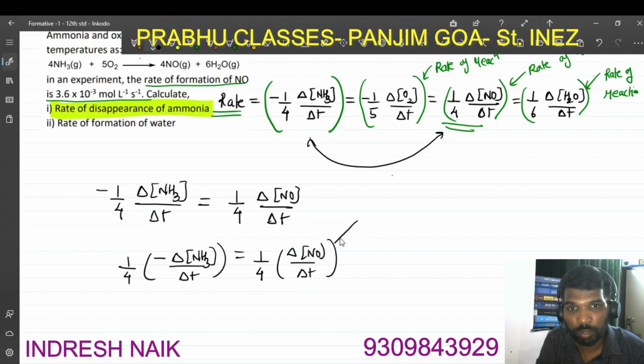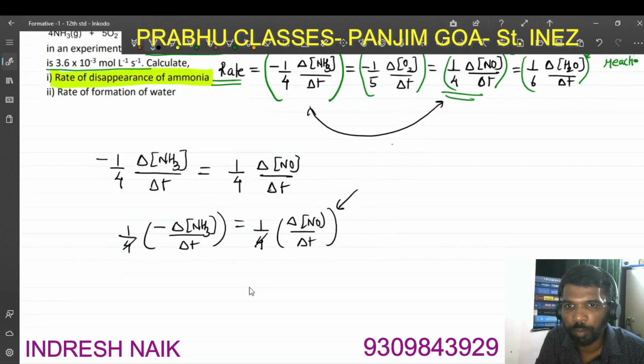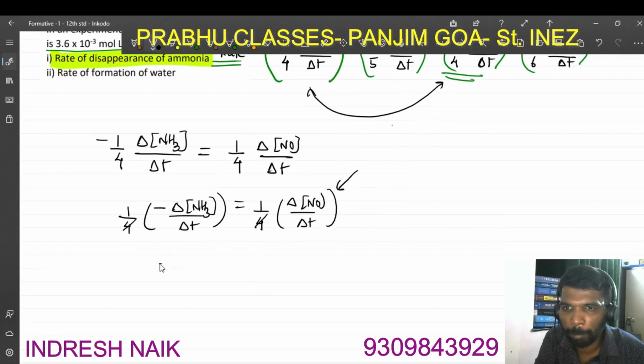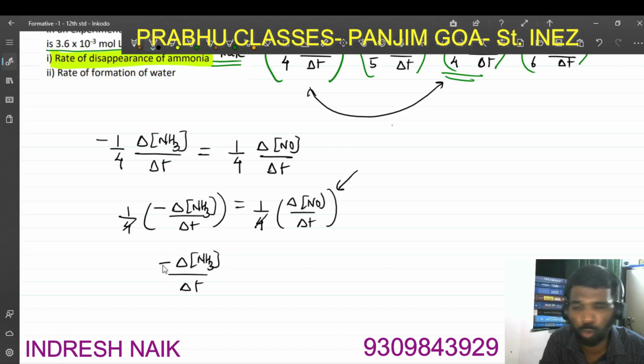What is given? This curved bracketed term is given. So from this equation, this 4 and this 4 will get cancelled. What remains is this minus delta NH3 by delta T. You don't have to take this minus sign anywhere, because along with this minus sign it defines rate of disappearance of ammonia. What is remaining?